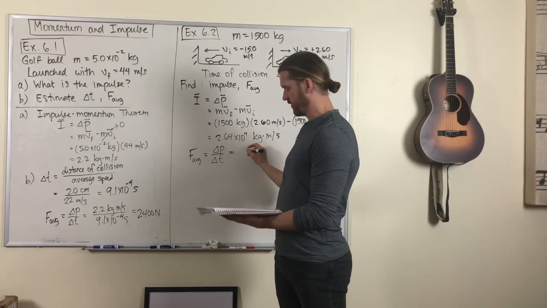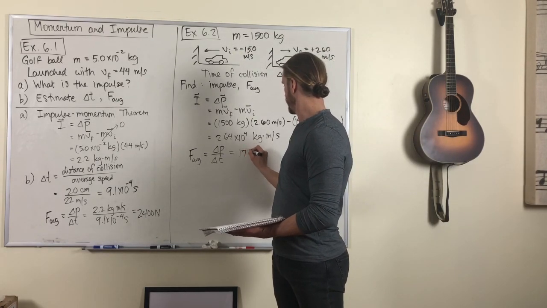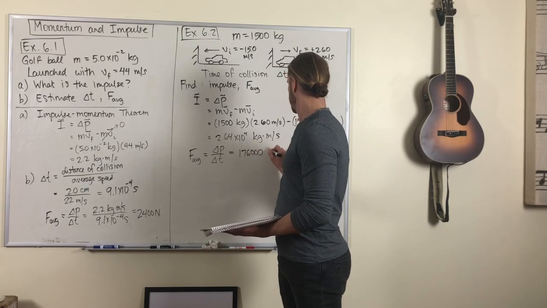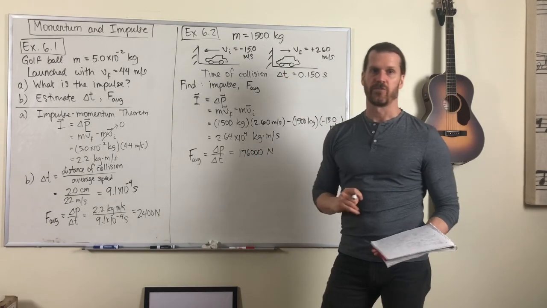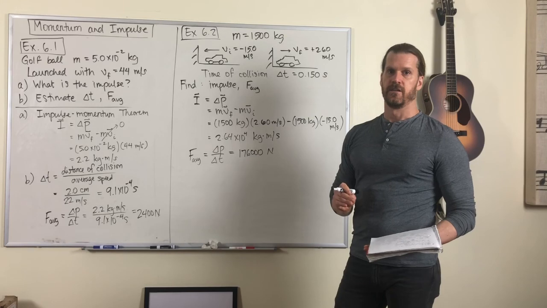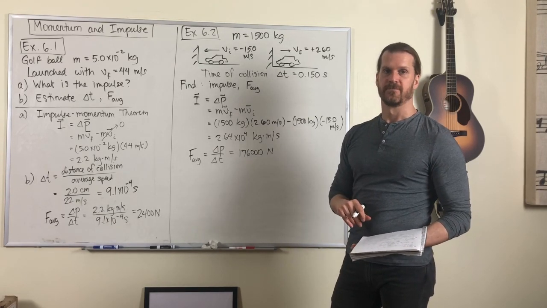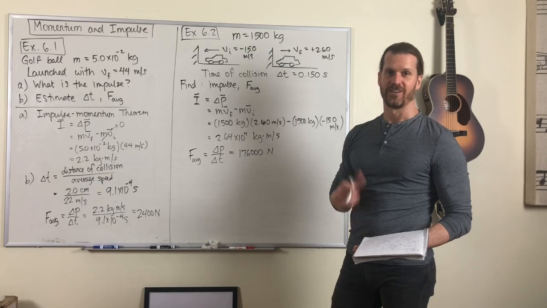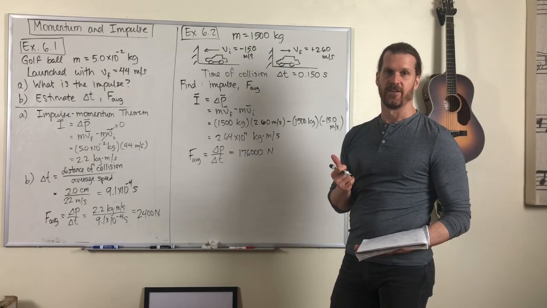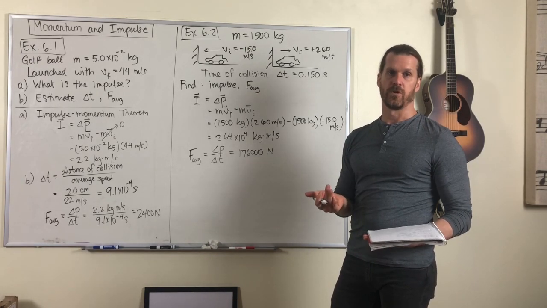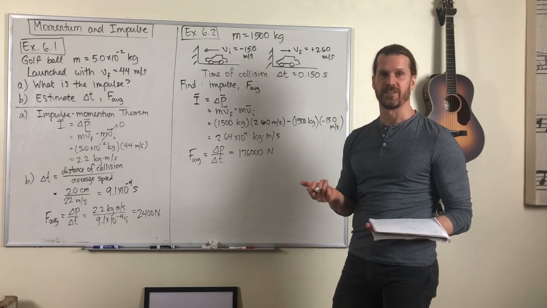And that gives us 176,000 newtons of force. Now that's a really large value, and that's why car crashes are dangerous. In the next section, we're going to analyze what factors influence your risk of injury in a collision.